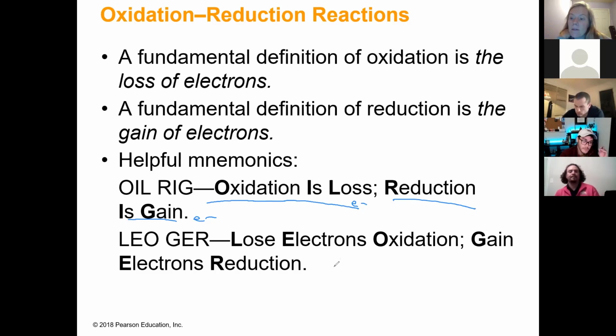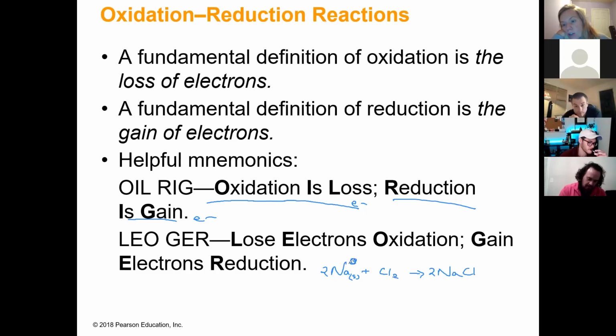So let's say I have sodium, and it's combining with chlorine to produce sodium chloride. Let's make that a 2. I'm going to put a 2 here, a 2 here, so it's balanced. When sodium is like this as a solid, it has a neutral charge.